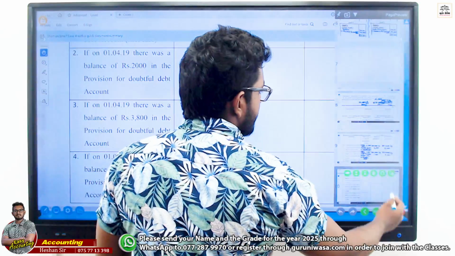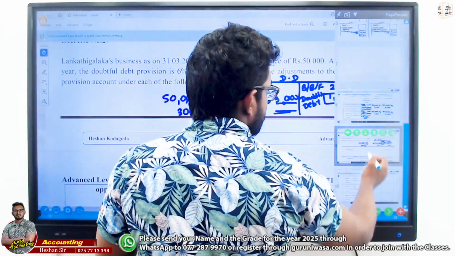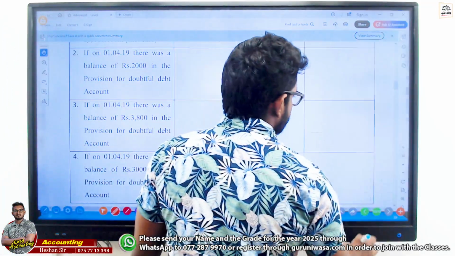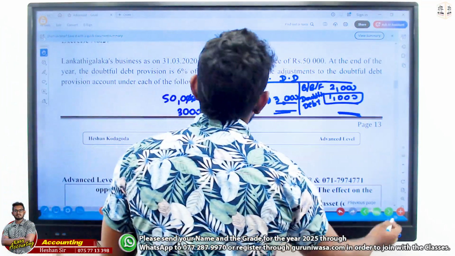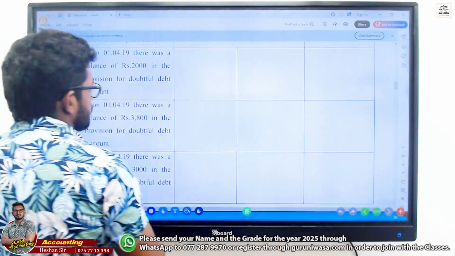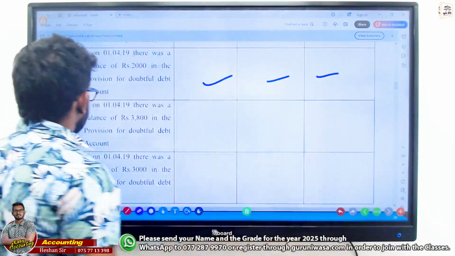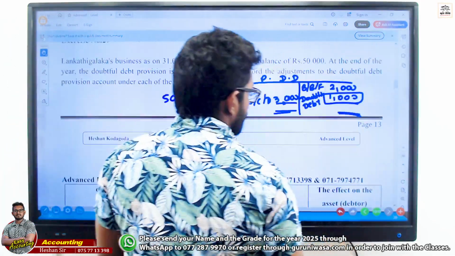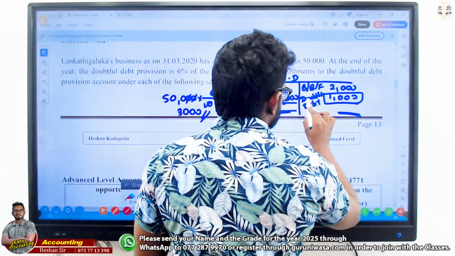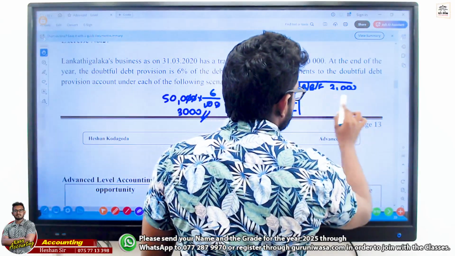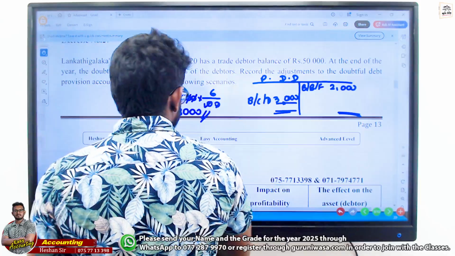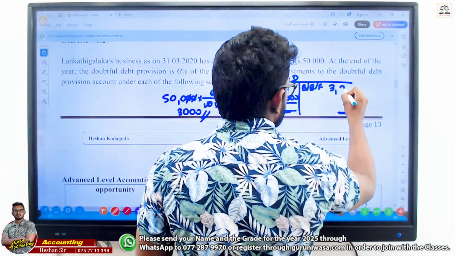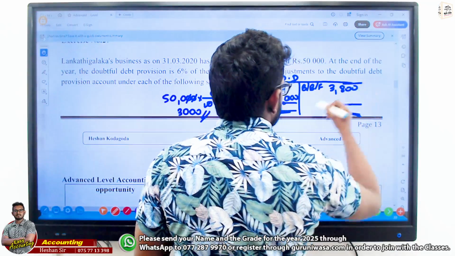In the next situation, they are telling, in the case if there was a balance of 3,800 in the provision for doubtful debt, that means if the opening balance was 3,800, right?